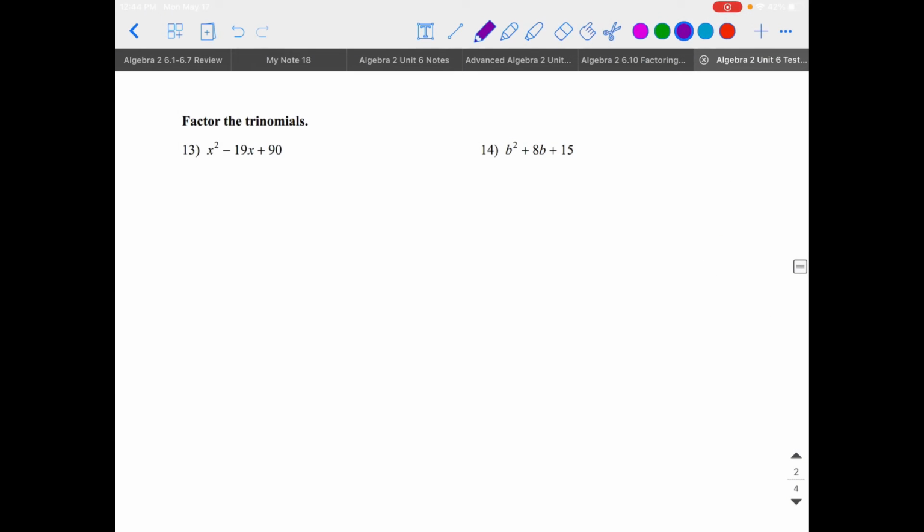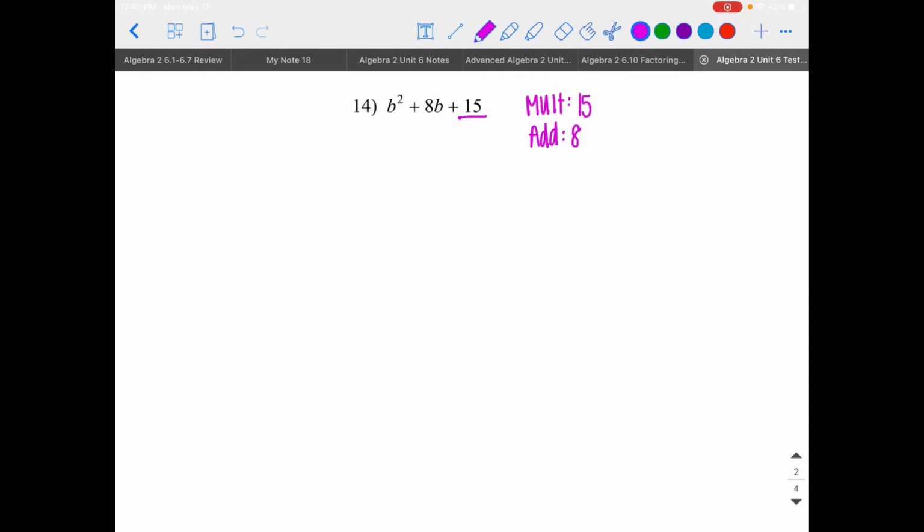This next section is factoring trinomials. That is where we look for two numbers that multiply to be 15, but add to be 8. Those numbers are 5 and 3.